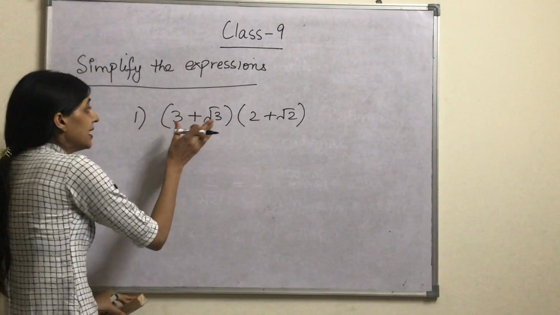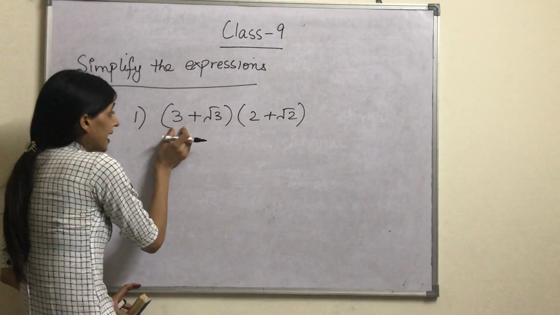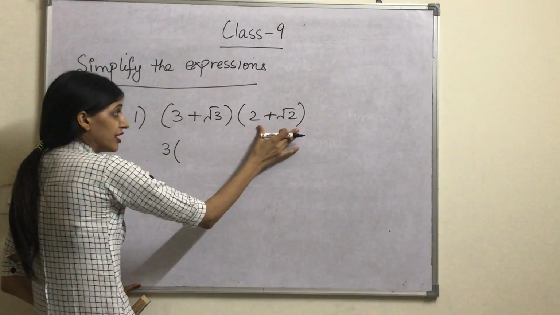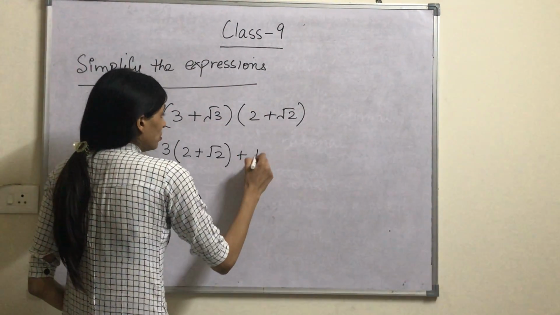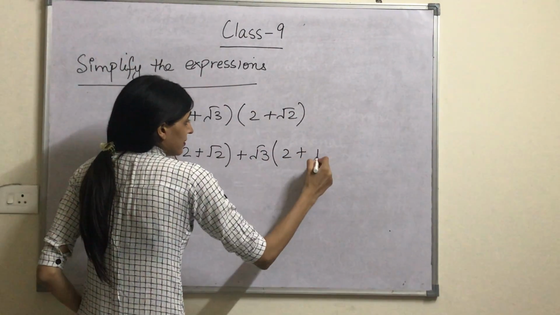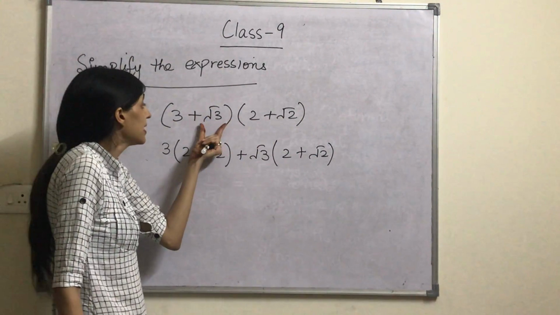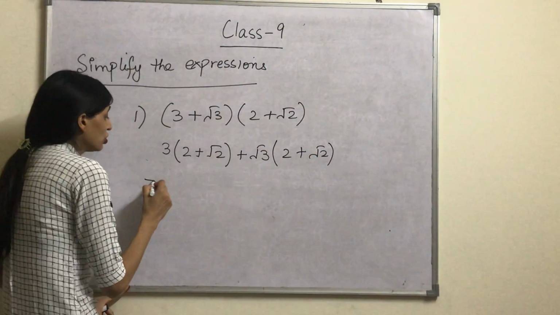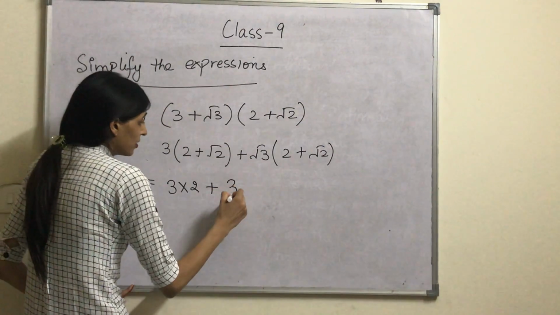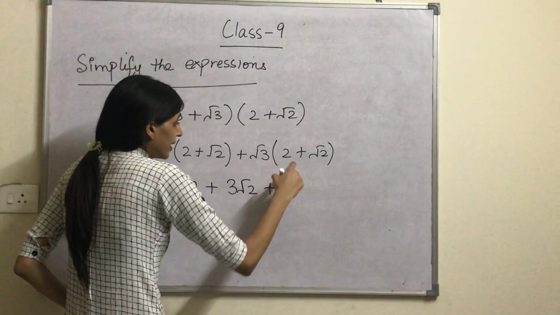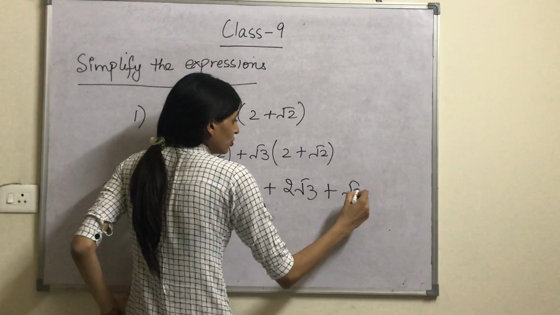So what we will do, take the first bracket's numbers and multiply them with the whole second bracket. Take this next value, multiply with the whole bracket, because we have to multiply this number also with the whole bracket, this number also with the whole bracket. So 3 multiply 2 plus 3 multiply root 2 plus root 3 into 2 plus root 3 into root 2.